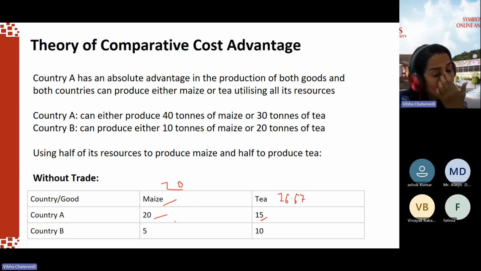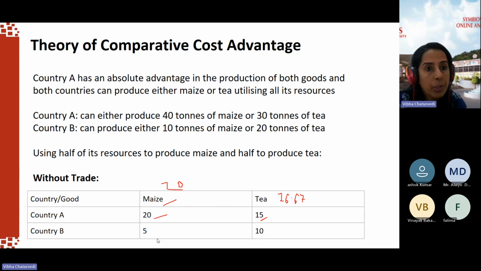Now, let's look at the case of country B. Country B also has 400 units of labor at its disposal. So country B, if it deploys all the 400 units of labor for the production of maize, it can produce 5 tons of maize.